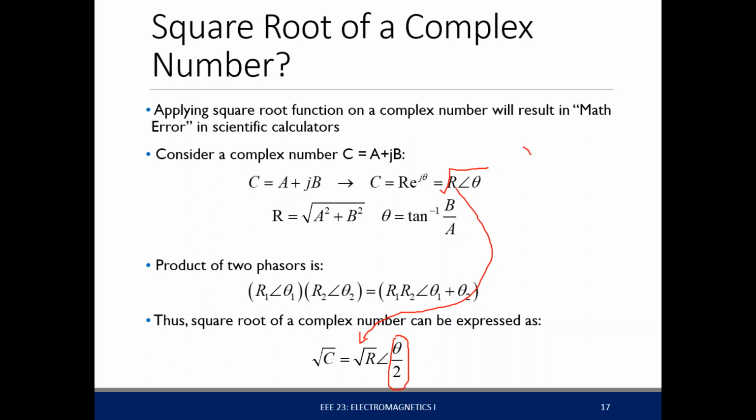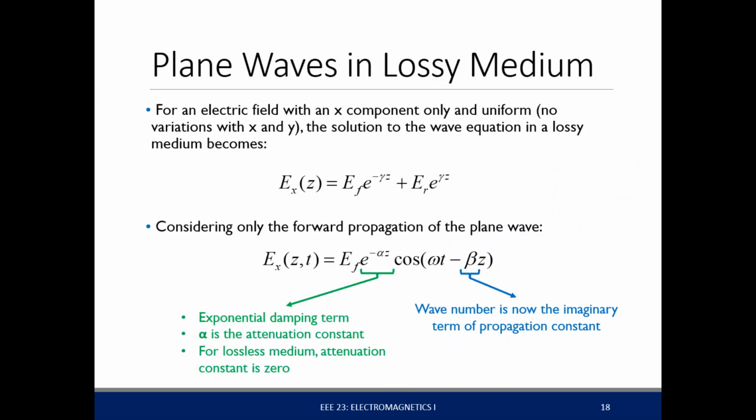That means our differential equation becomes this: the second partial derivative of your electric field, which is only in the x direction, minus gamma squared multiplied to E sub x equals 0. The solution for this differential equation is this. So we have an exponent that is complex.